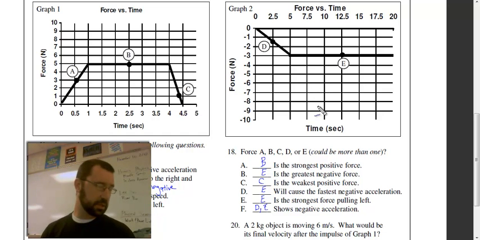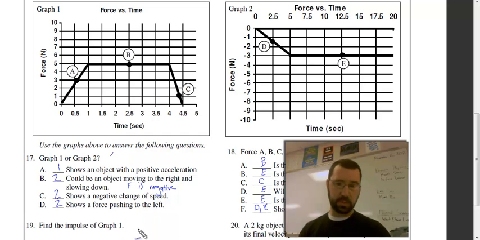Okay, let's scroll down and answer questions about 19. Well, let's see if we can make it work with the space that we have. So we're supposed to find the impulse of graph 1. Okay. Impulse, remember, is the area under the curve of the impulse graph. So all of this area under the impulse graph is the impulse. You need to find what that quantitatively would be.